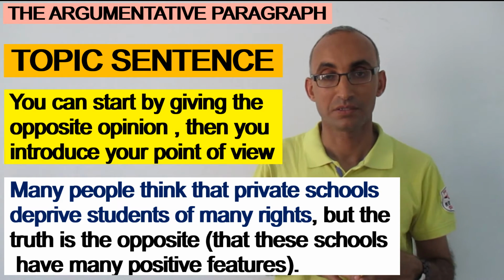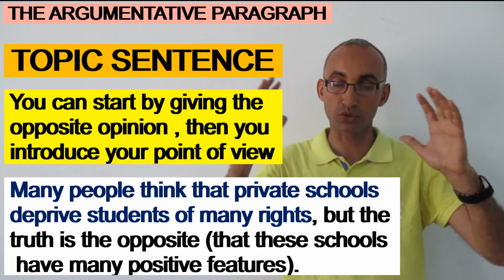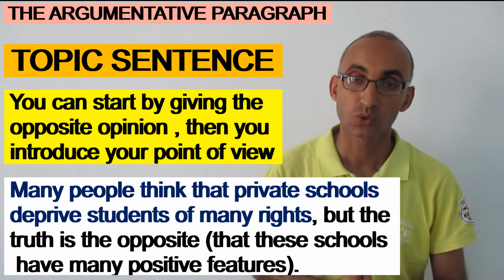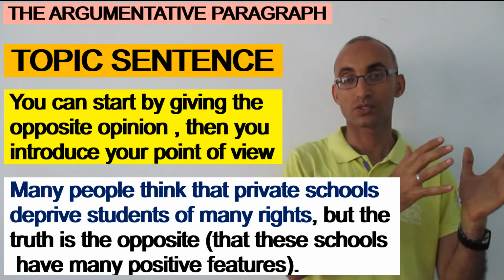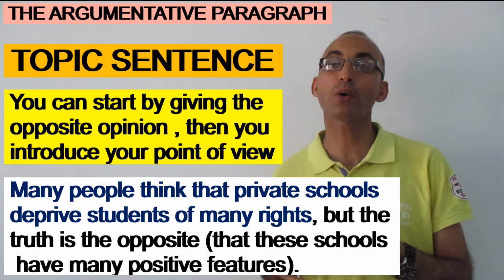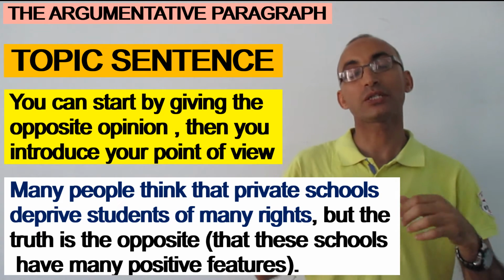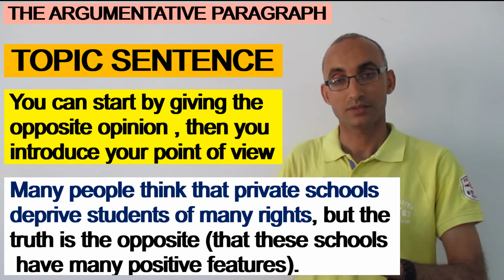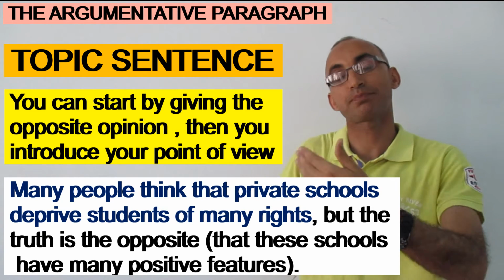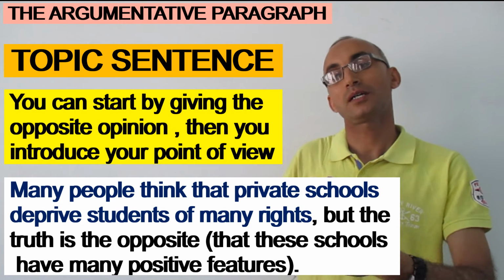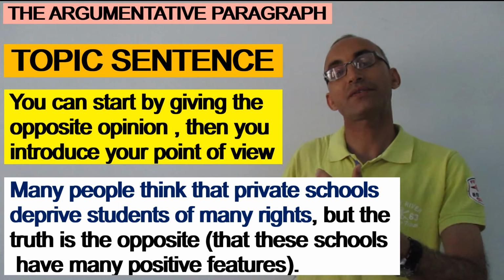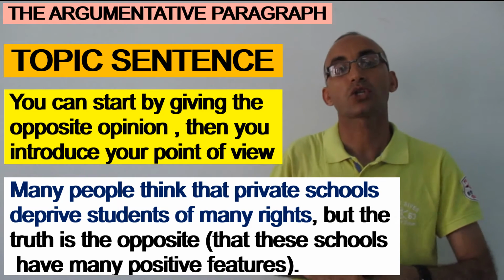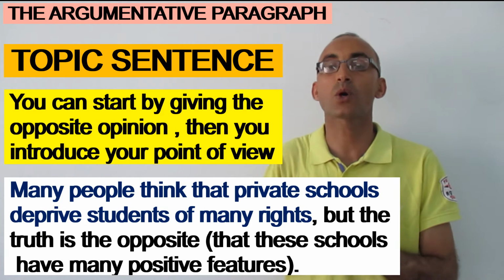Clear? Things like that. So when we start writing an argumentative paragraph, we refer briefly to the other view, the opposing claim, then we introduce our opinion. And then we continue with the second part by mentioning and giving the facts to support our choice, our view and our opinion.